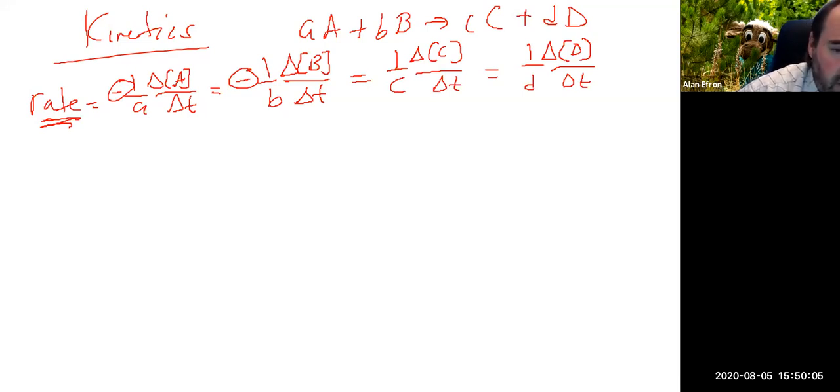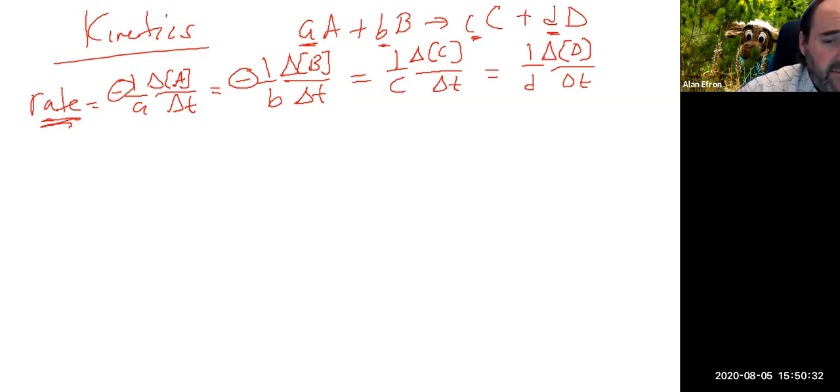The 1 over the coefficients is important because that essentially takes care of the mole-to-mole relationship like we talked about, and essentially you can figure out the right relationship that occurs there. This is very helpful. We don't see the negatives on the product side because they should be increasing with time, and that means that their final concentrations should be larger than their initial concentrations.